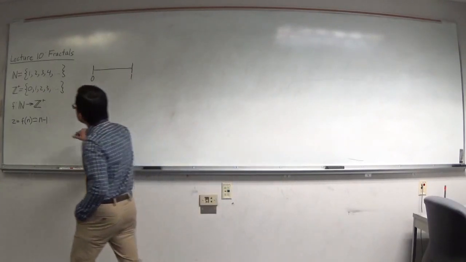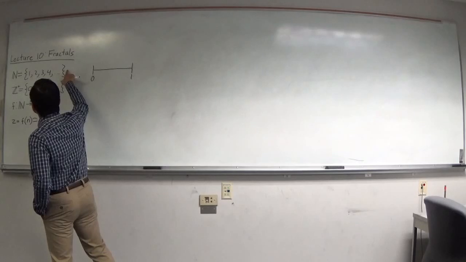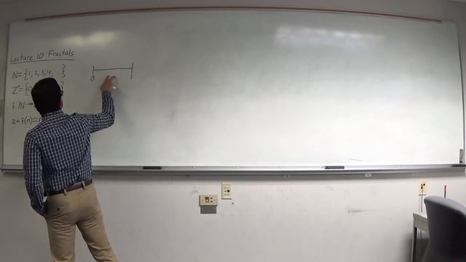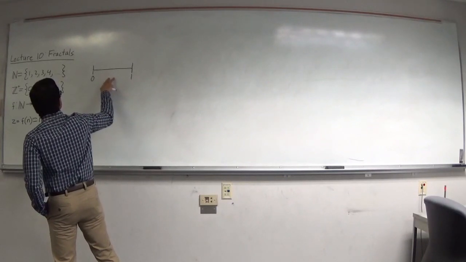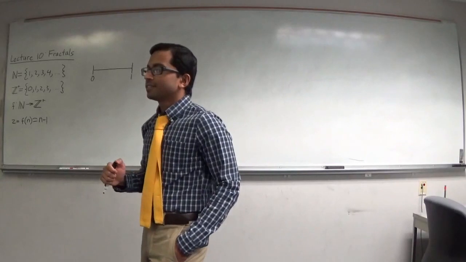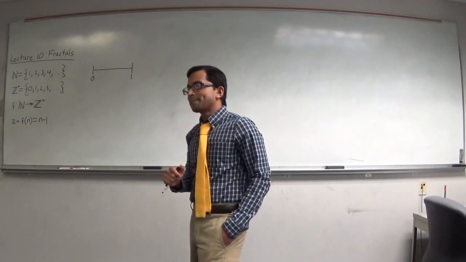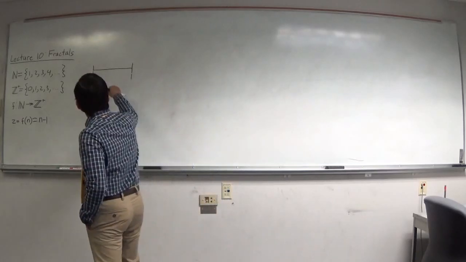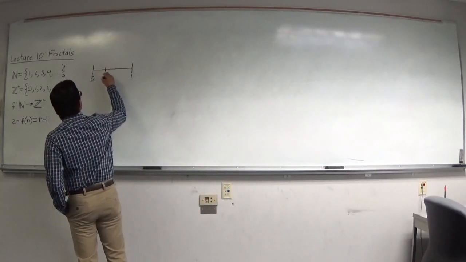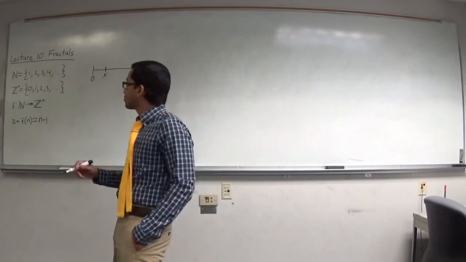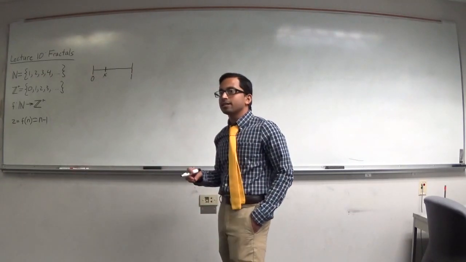Now, can we find a 1-to-1 correspondence between numbers in, say, N to numbers in 0 to 1? So let's think of it this way. How do we represent some x over here? So let's take some x from 0 to 1. How would we represent that?